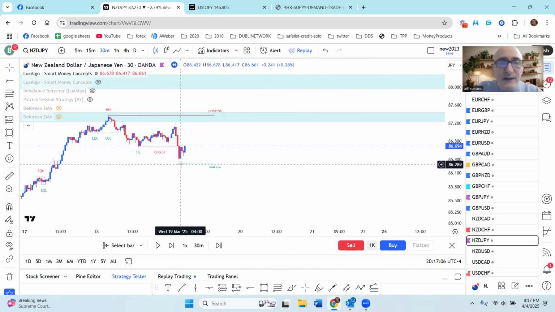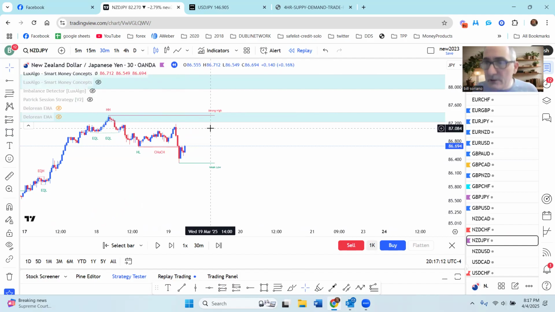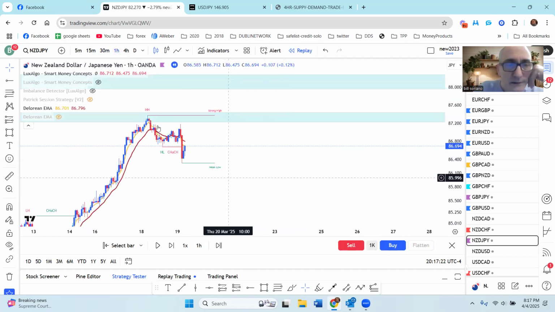And now we do have a change of character. See that? So now our sell shift on the 1 hour is confirmed as valid, right? A valid market shift, because we have a change of character on the 30-minute. So again, if we go back to the 1 hour, now we can draw our fib, right?